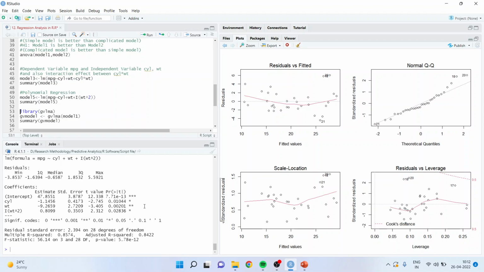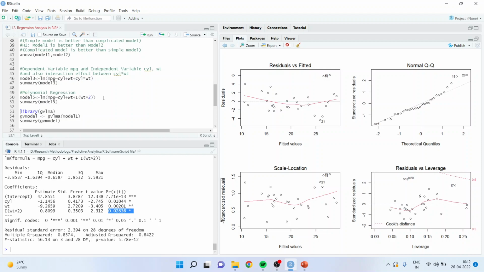Run. You can see that the power of weight is also significantly contributing, right? Now you have to evaluate all these models in terms of residual diagnostics also, and t-test, ANOVA, and r-square also, right?